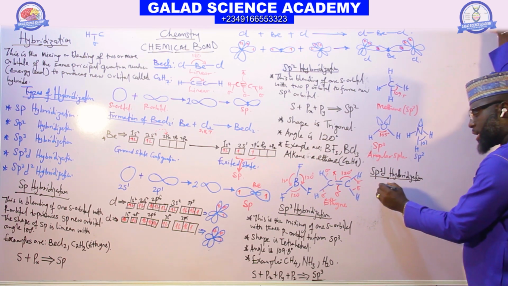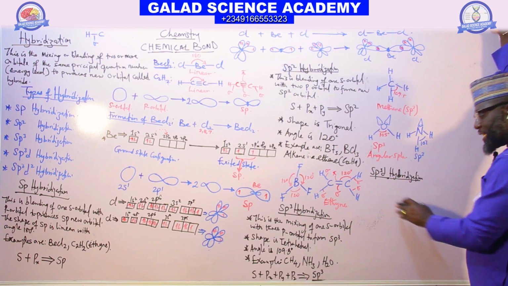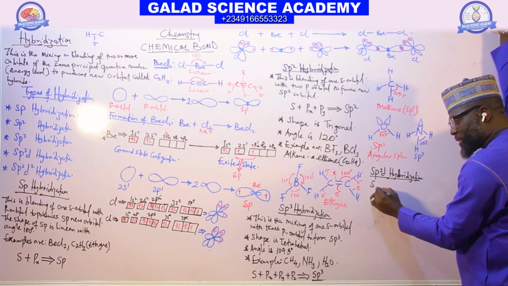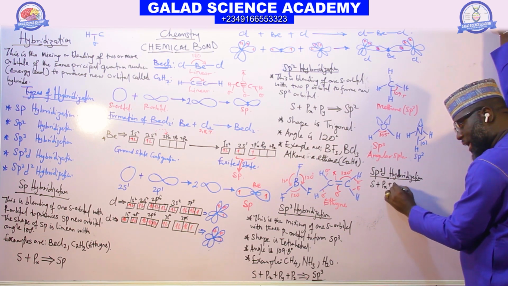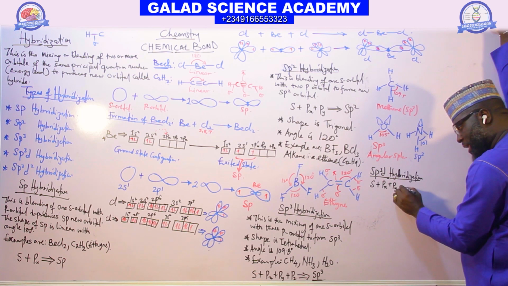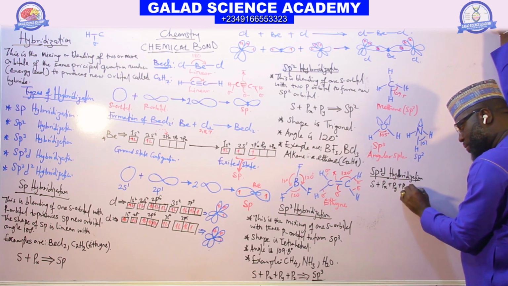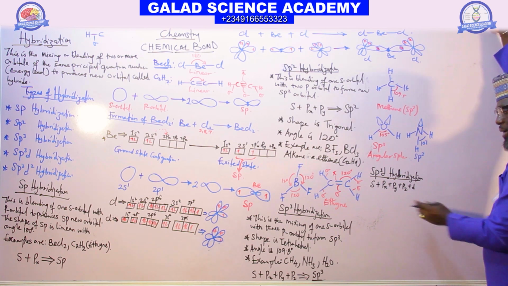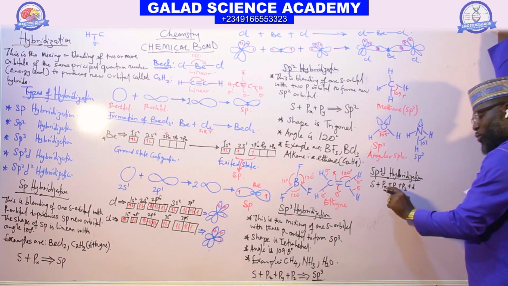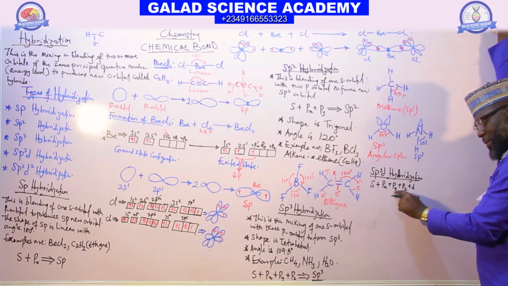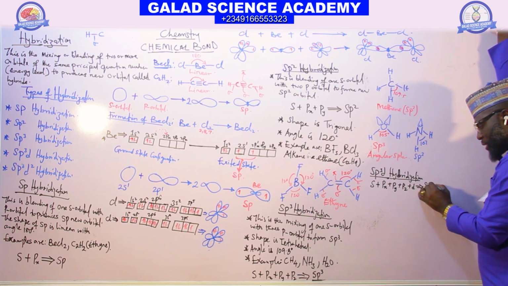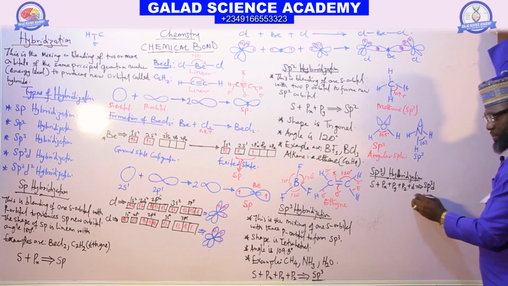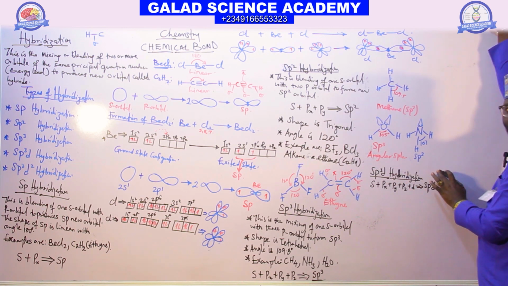This is a blending of one s orbital plus three p orbitals, px, py, pz, plus one d orbital, to give us sp3d hybrid orbitals.